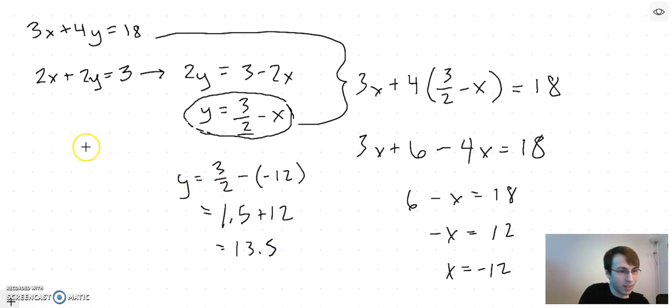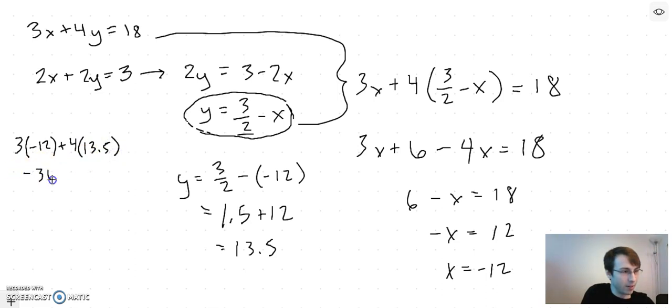And yeah, we can check this. It's always good to check your answers afterward, just to save yourself and your teacher or tutor some headache of going through all your work. And so we've got 3 times negative 12 plus 4 times 13.5.